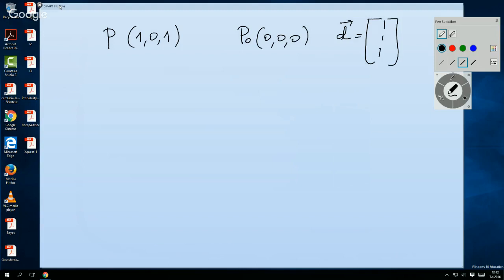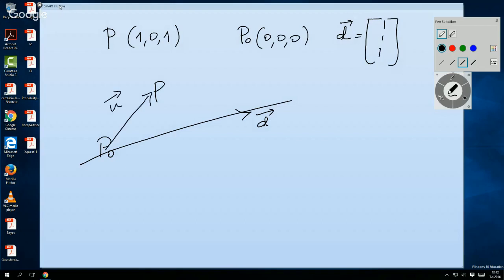Okay, we've done trillions of exercises of this type. What's the picture? That's P0. That's the line with direction vector D. That's my P. That's my U. That's my U2.